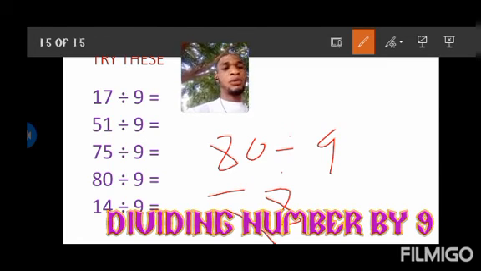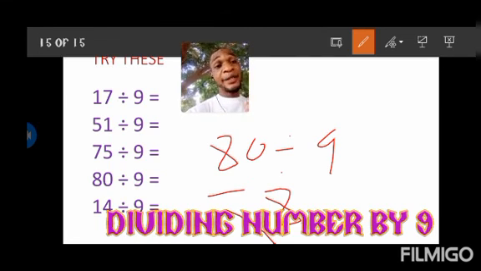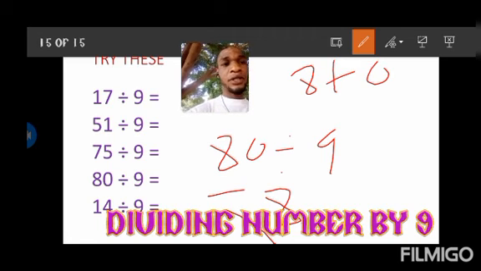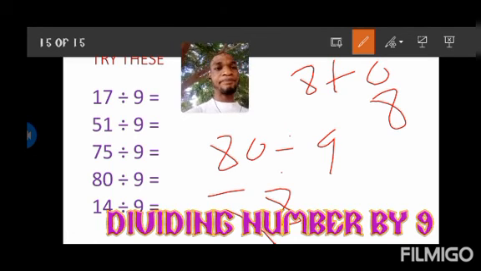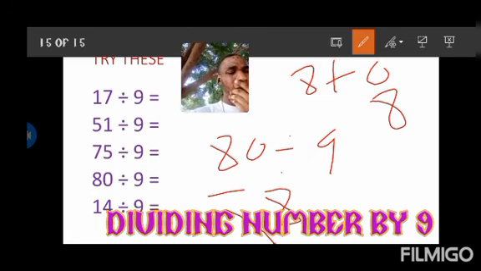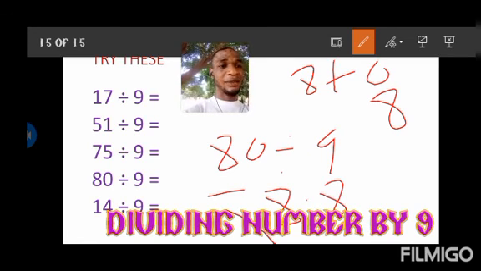Since 8 is not up to 9, write your 8. The next number you add to it, so it's 8 plus 0. 8 plus 0 is 8. Since 9 cannot go, we put point 8, 8, and 8.